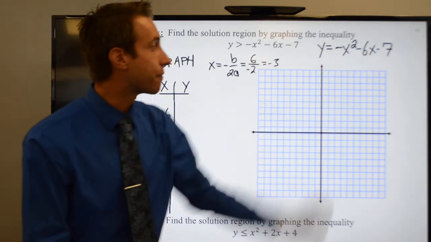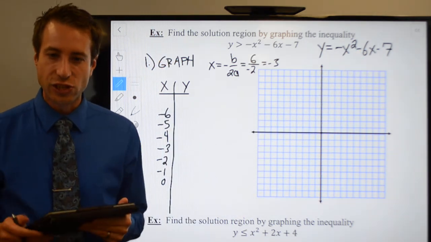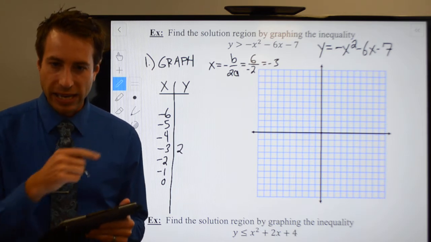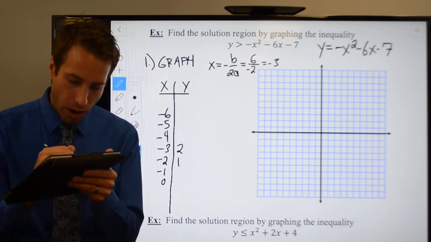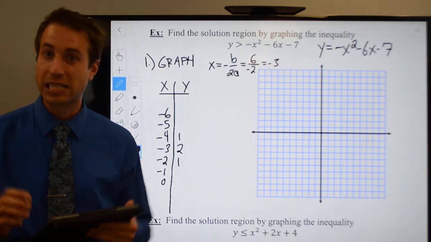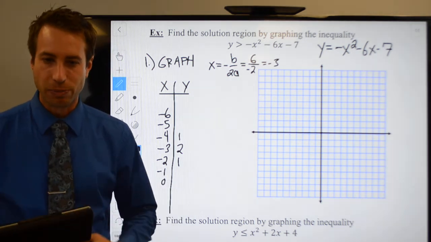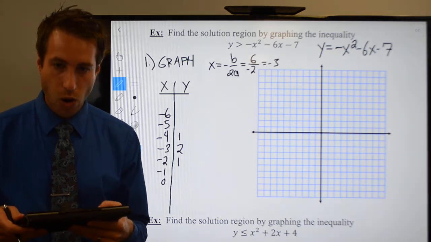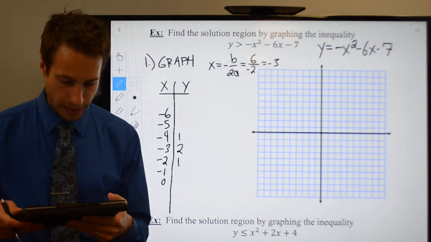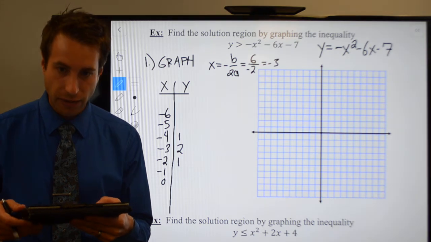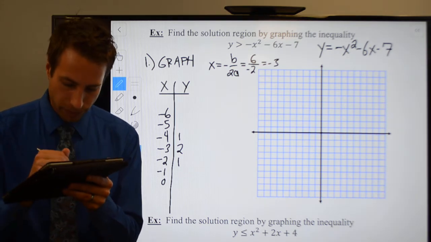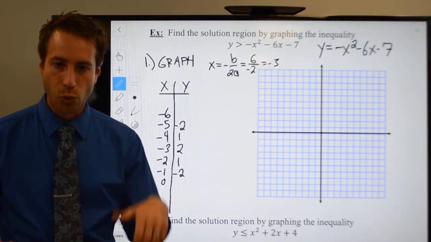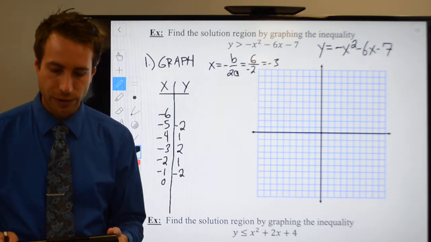So plug negative 3 into that equation and I wind up getting a 2. If I plug in a negative 2, I get 1, which means negative 4 also has to be 1, because it's a parabola, it'll be symmetric. If I plug in a negative 1, I wind up with a negative 2, which means that negative 5 would also be a negative 2.